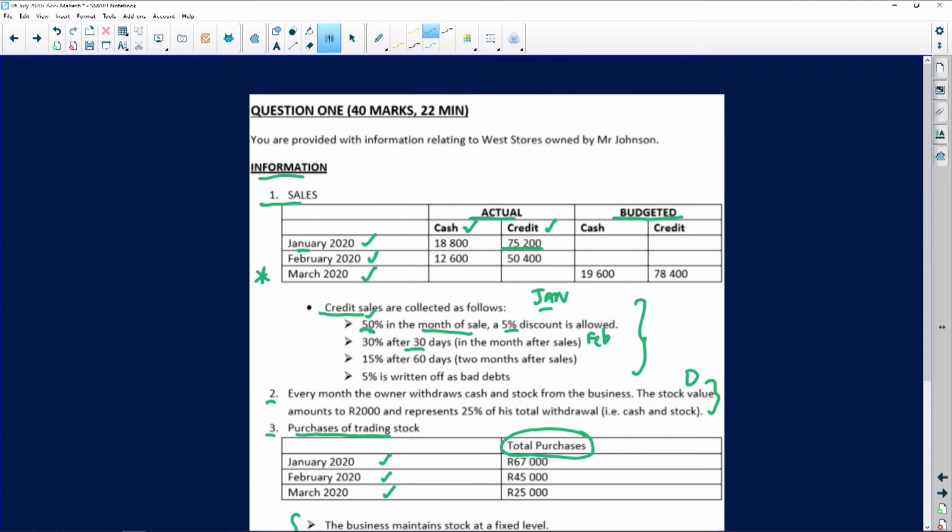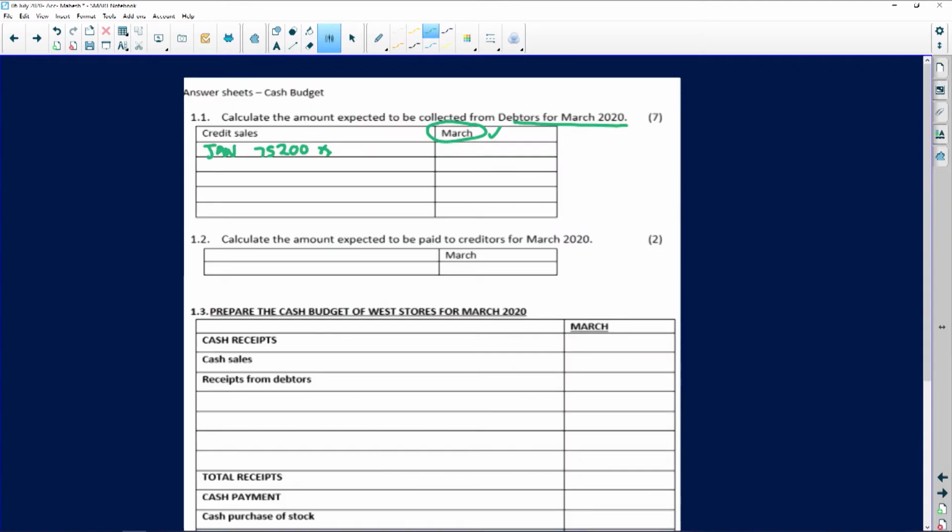So once again, if you look at your cash budget, it is for the month of March, and that 30%, I do not want the 30% because I'm trying to establish what will I receive in March. So that 30%, I rather write it here, I don't want the 30%.